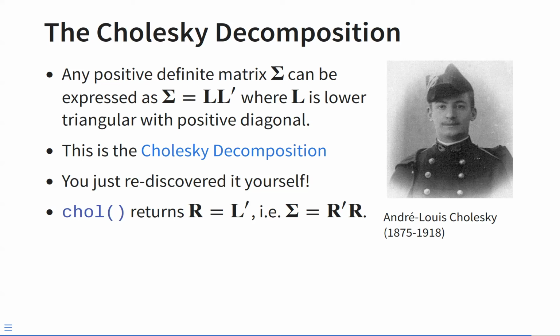You guessed it, R. And so for some reason, the folks who designed R thought it would be more fun to return not the lower triangular matrix L, but its transpose, the upper triangular matrix R. So in R, the Cholesky decomposition is actually transposed. This is a little bit irritating, but you get used to it. So when you do the Cholesky decomposition in R, it's actually going to be returning L transpose. That's no problem, of course, because you can just transpose the result if you like.